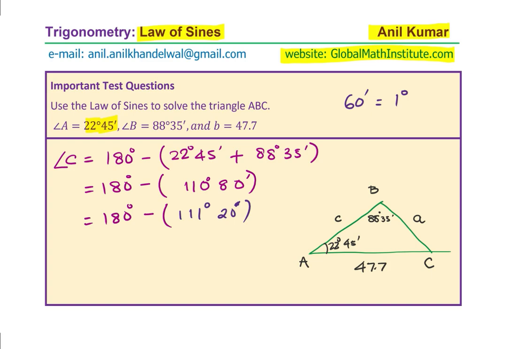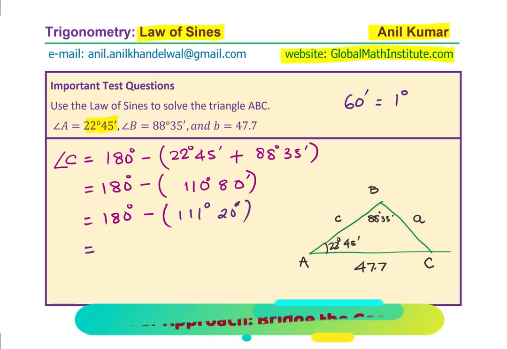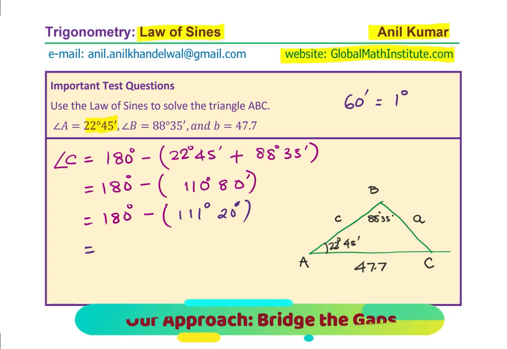Now 180 minus this means we could write 180 as 179 degrees 60 minutes. When we take away 20 minutes, we get 40 minutes, 60 minus 20, and in degrees, it is 179 minus 111, and that gives us 68 degrees 40 minutes.